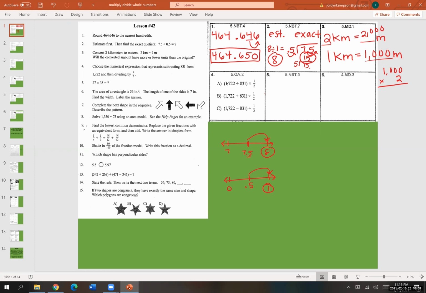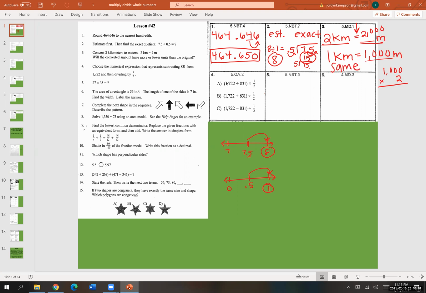Well, it would end up being the same amount of space because you are finding equivalents, mainly because of this equal sign. If we were to line up 2 kilometers and right next to that line up 2,000 meters, neither one of those would have more. They would be the same. So I would put same.